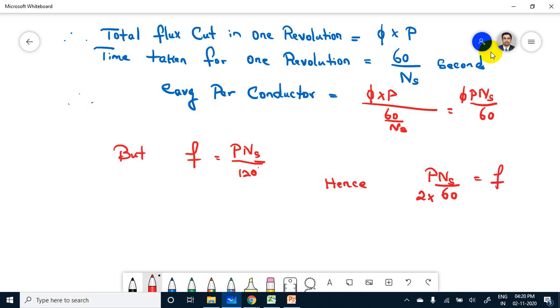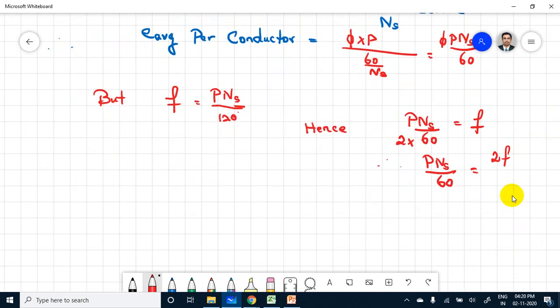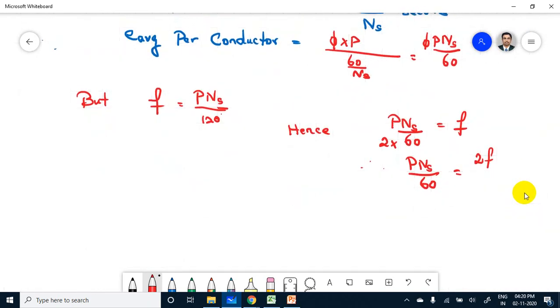So P Ns by 60 equal to, this 2 goes to the right hand side, 2 into F. Now this 2F value you have to substitute, because this equation you mark as 1.